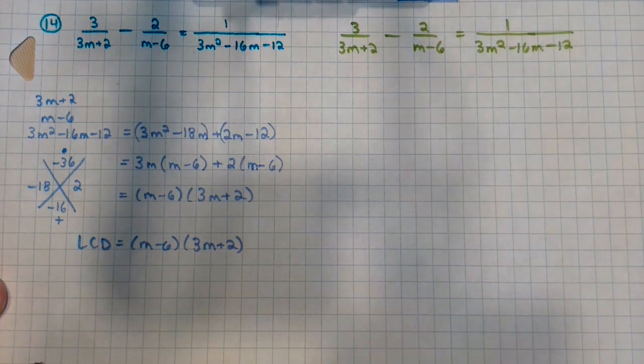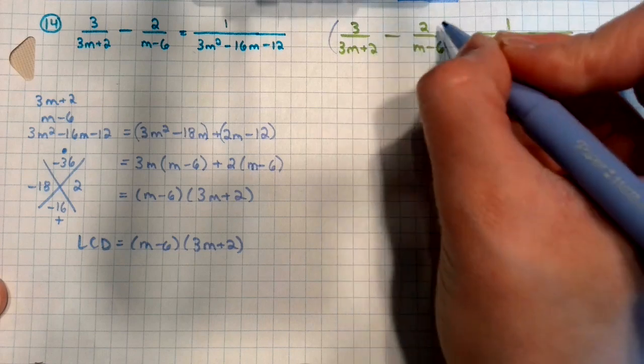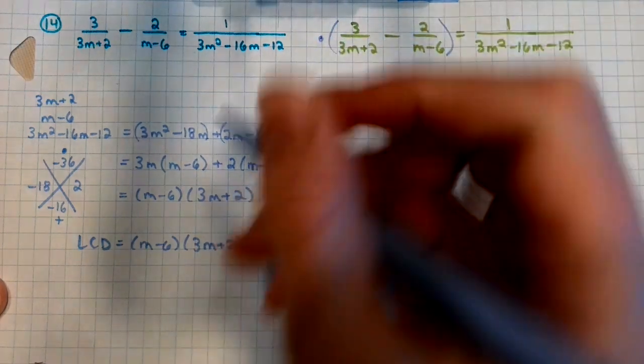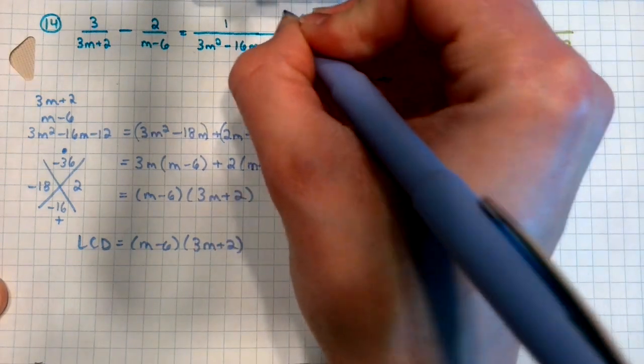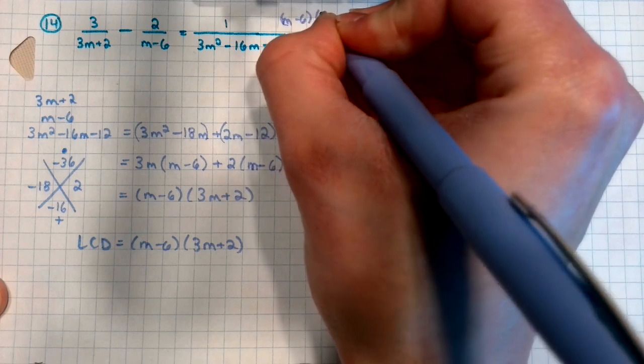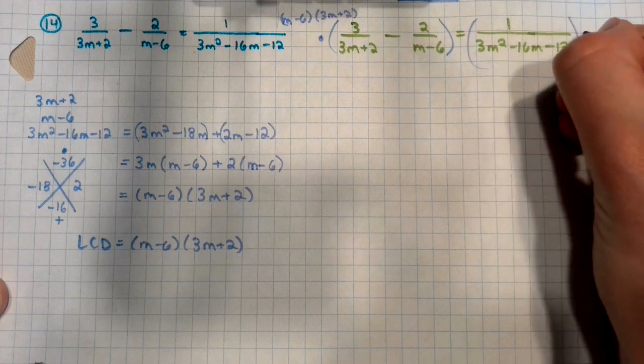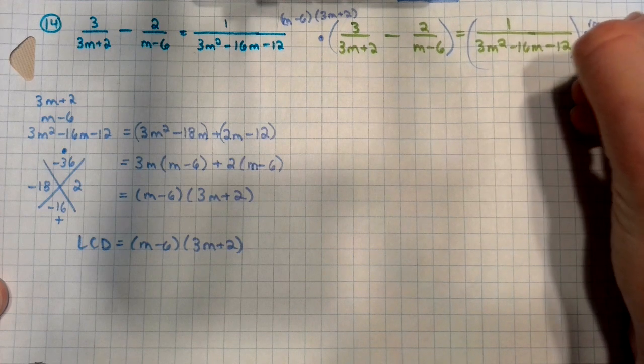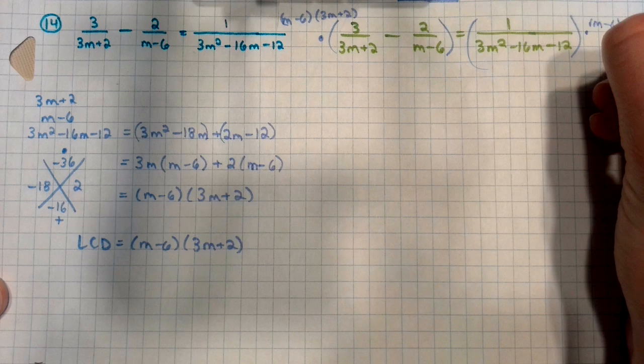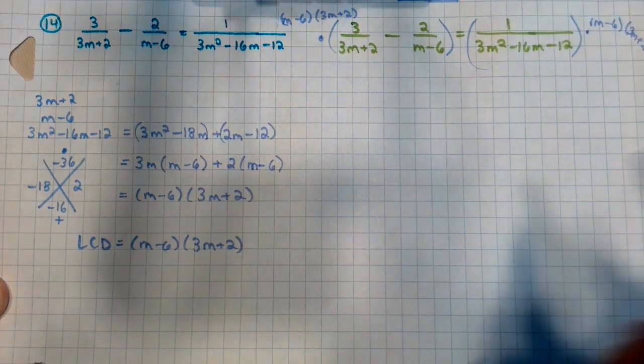So I'm going to be multiplying everything by this least common denominator. So m minus 6 times 3m plus 2, m minus 6, and then 3m plus 2.